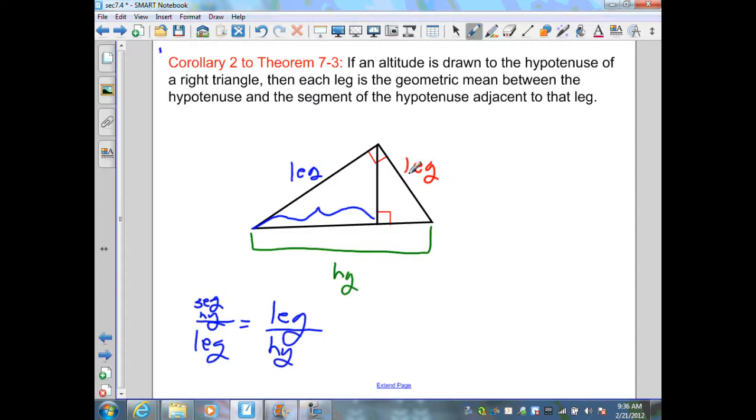Therefore, this leg is a geometric mean between the hypotenuse, which I already have, but it's also between the segment of the hypotenuse adjacent to this leg, which is this little segment. Therefore, again, I can set up another proportion in such a way that that leg is the geometric mean, and my means are now equal, but this leg is the geometric mean between the entire hypotenuse, which is in both of these proportions, but the difference is this is between this segment of the hypotenuse adjacent to that leg.